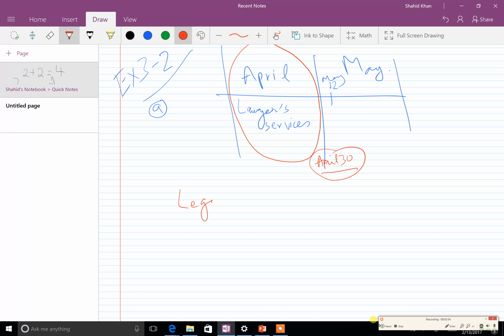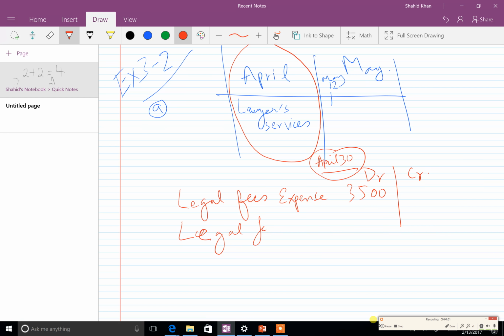So here you're going to do an entry on April 30th, which is going to look like this: legal fees expense. This is how it's going to be called: legal fees expense, 3,500 debit, and this side is credit. The other side is cash? No, because you're not paying it till next month, till May 12th.